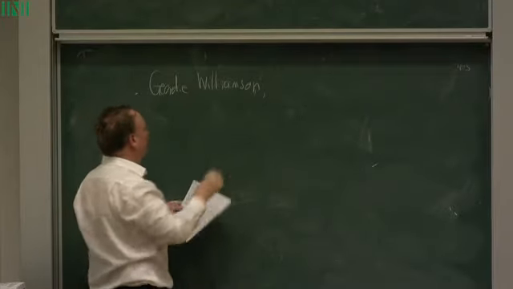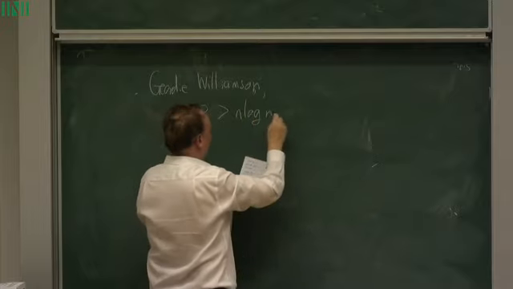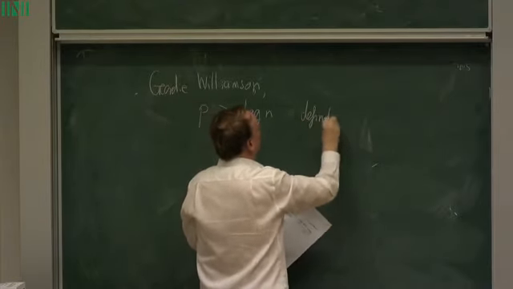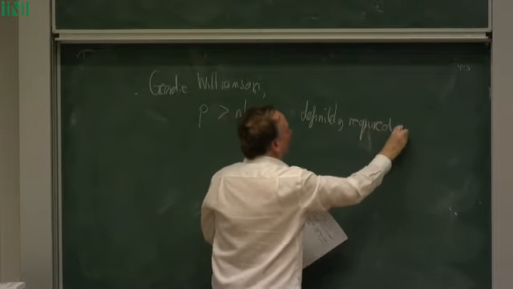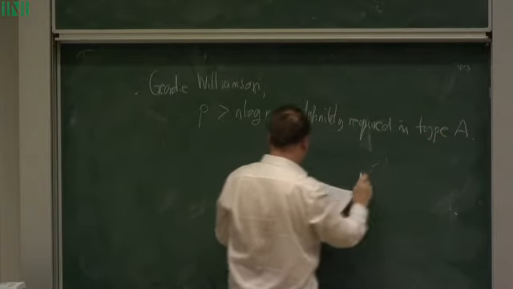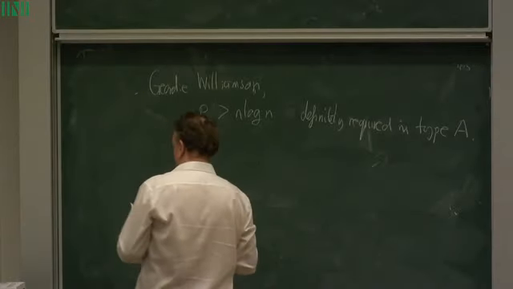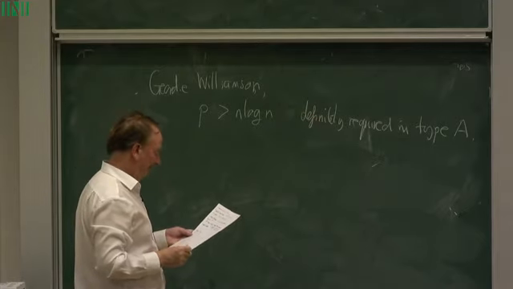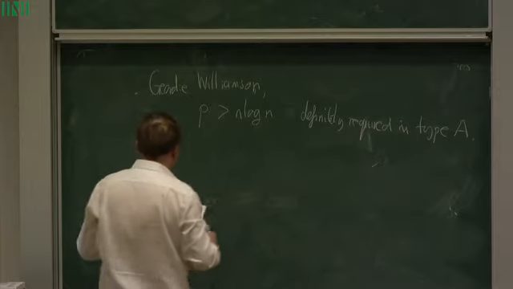He says that p greater than n log n is definitely required, in type A. And he proves that in a paper which sounds like the first chapter of the orange book of Lusztig that we heard about this morning.